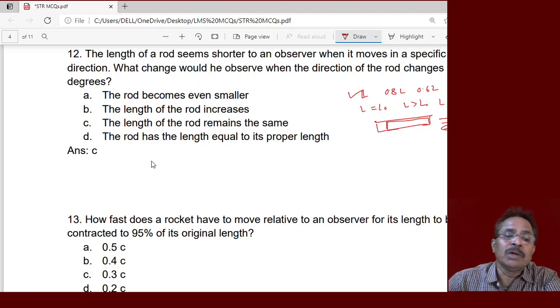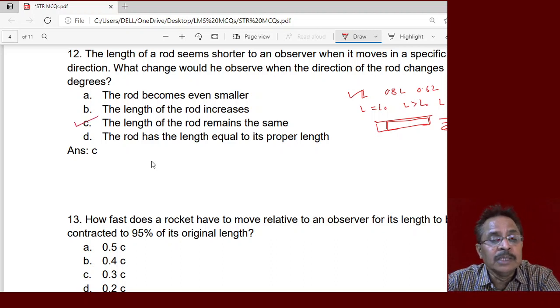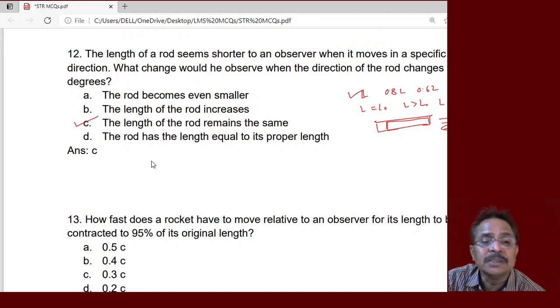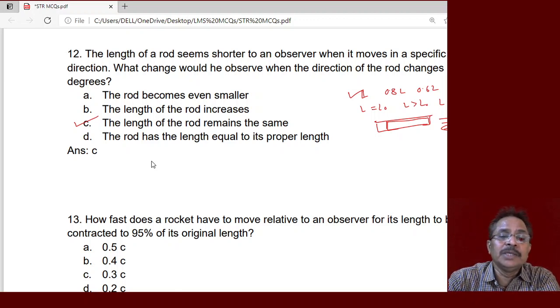Direction may be whatever, there has to be the length contraction, and therefore option C is the correct option, that the length of the rod remains the same. So C is the option, whether you are going in the forward direction or in the reverse direction, whatever length is measured in motion will remain the same even though you change the direction by 180 degrees to its earlier motion. So it doesn't matter, the length of the rod remains the same. That is the correct answer of this question number 12.